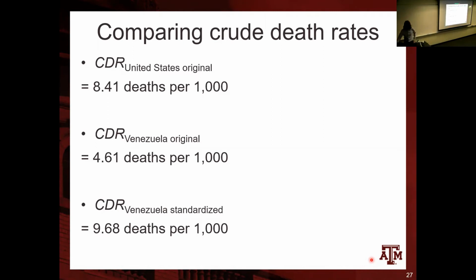This is the standardized crude death rate in Venezuela using the US population as the standard. So this number now is higher than 8.4. So yeah, mortality is higher in Venezuela than the US, because now we standardized the crude death rate in Venezuela, and now, yes, we can compare the crude death rates between these two countries.